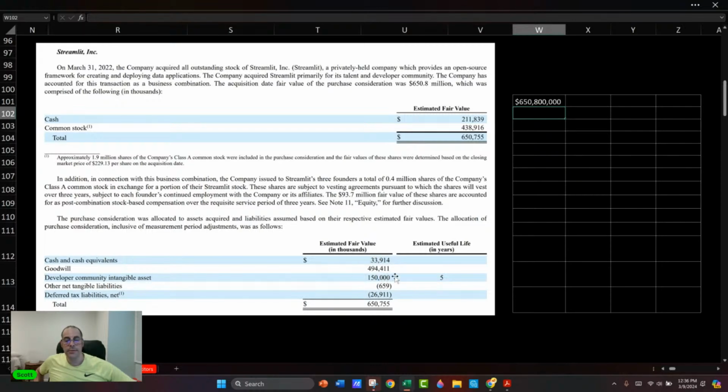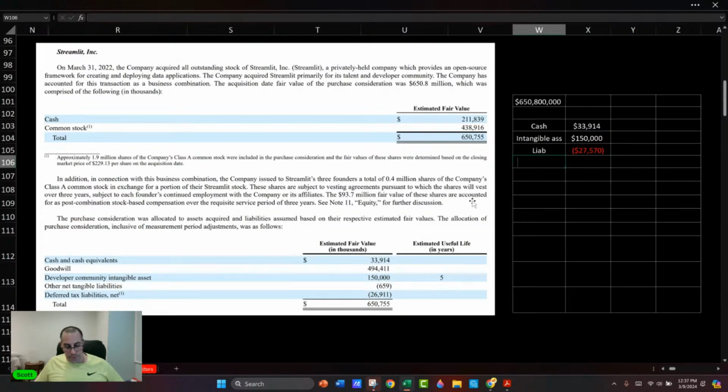So the value of the company, this is how they accounted for the value of the company, $651 million. So cash, 33,914. They have an intangible asset of 150. And they have liabilities of 659 minus 26,911.